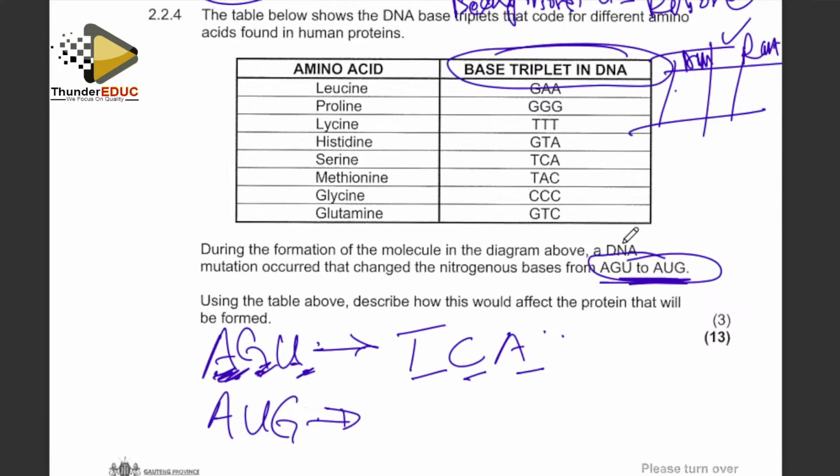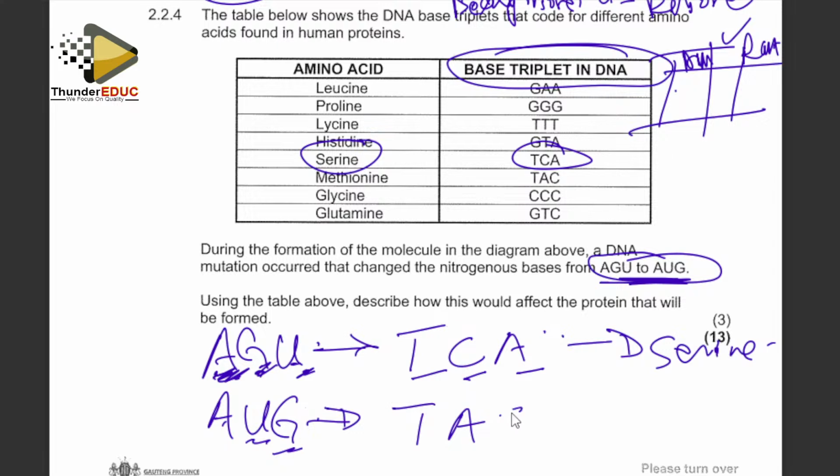TCA is here, which is serine, meaning that this one gives me serine. And then A goes with T, U goes with A, G goes with C. What does this one give? TAC. TAC gives me methionine.